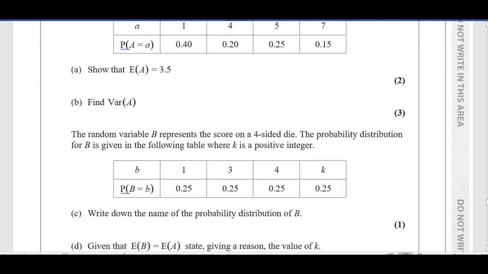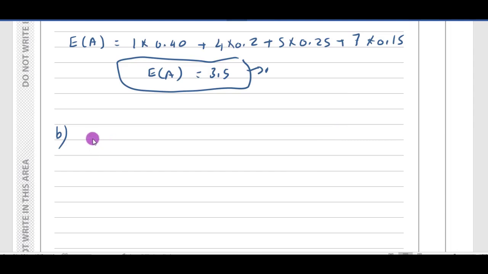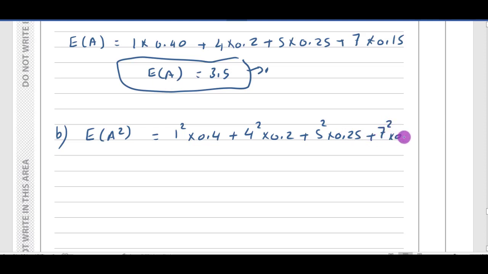Find the variance of A. To find the variance, we need E of A squared, which is equal to 1 squared multiplied by 0.4 plus 4 squared multiplied by 0.2 plus 5 squared multiplied by 0.25 plus 7 squared multiplied by 0.15.